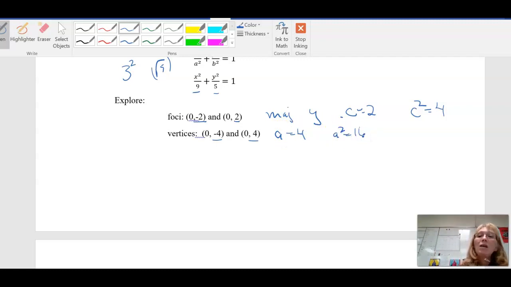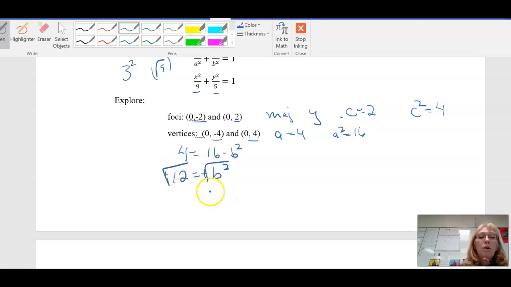So now when you have to calculate your b, you know that c squared, so 4 equals a squared minus your b squared. Subtract this out, get rid of your negatives, and square root. So b squared is now 12.